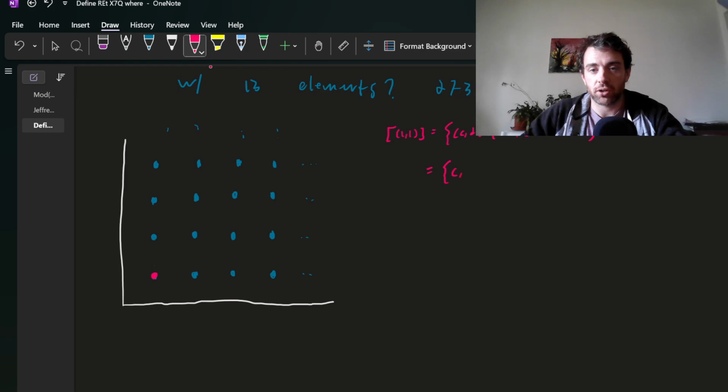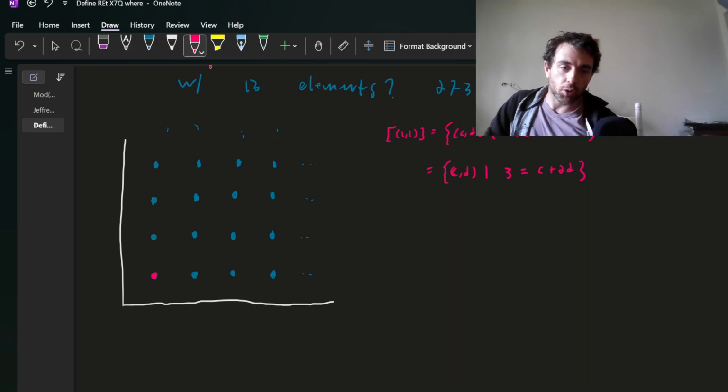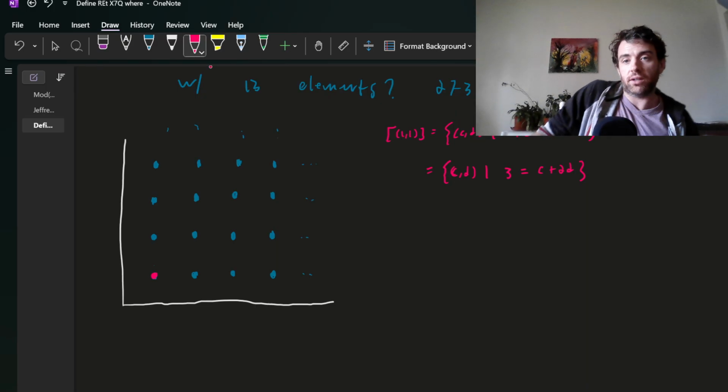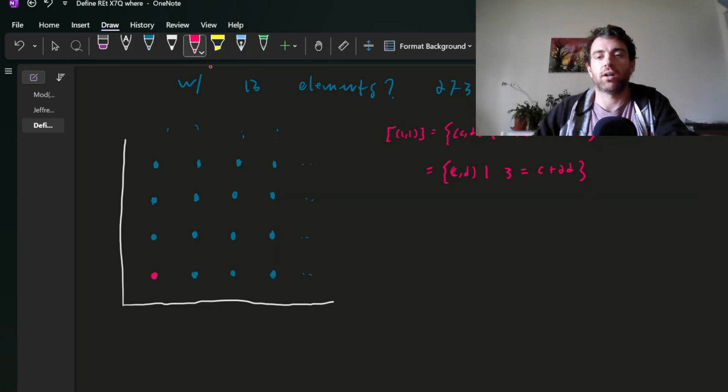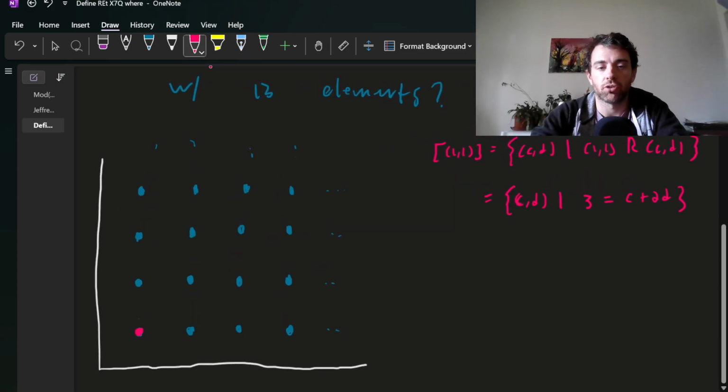This is going to be all (c, d) where 1 plus 2 times 1, which is 3, is equal to c plus 2d. So let's try and find all of the pairs that do that. Well, we know automatically that (1,1) is in the equivalence class.